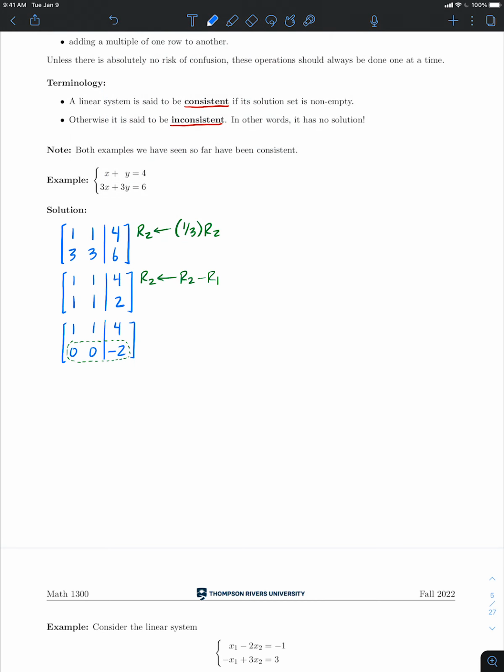You'll notice that all of the entries over here, the coefficients, are all equal to 0, and the constant term is non-zero. That's the hallmark of a contradictory row. So I'll do it in green here, why not? Okay, this is called a contradictory row. Or you'll hear me use this terminology. So let's define it officially.